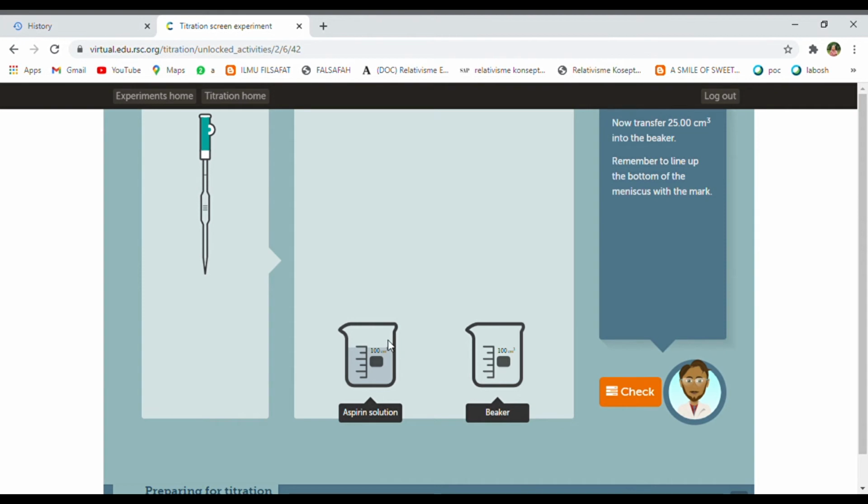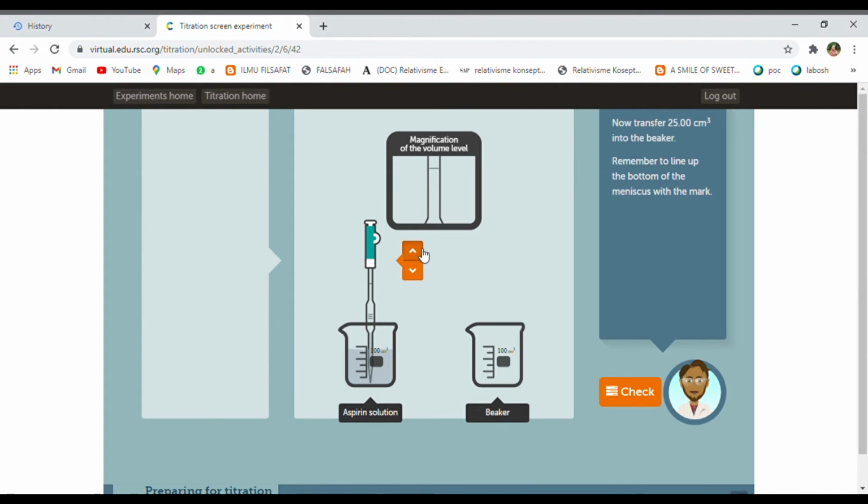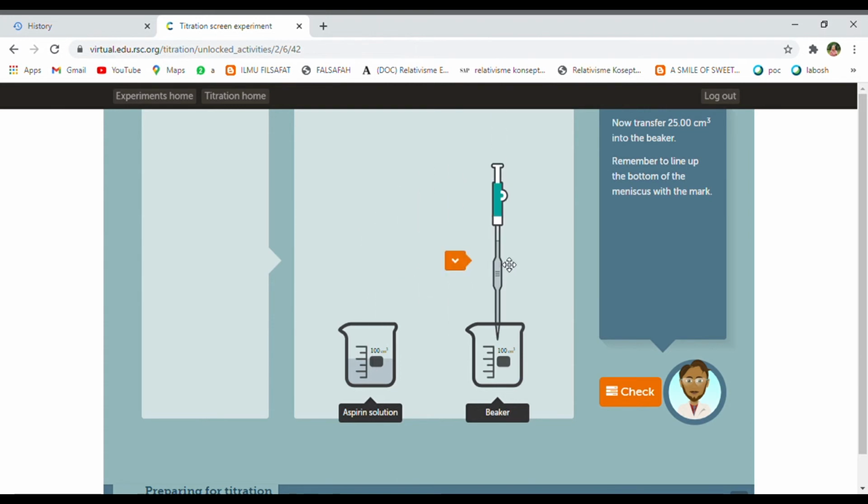Now, transfer 25 ml aspirin solution into the beaker by using the volumetric pipette. So remember to line up the bottom of the meniscus with the mark. Now the setup for the beaker has been done.